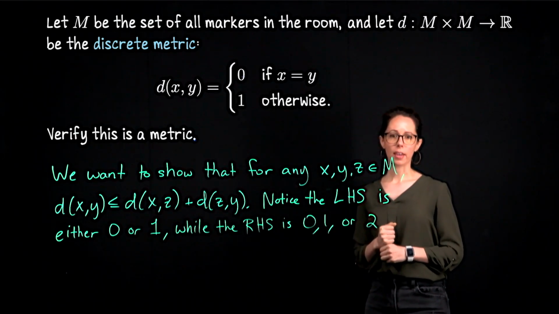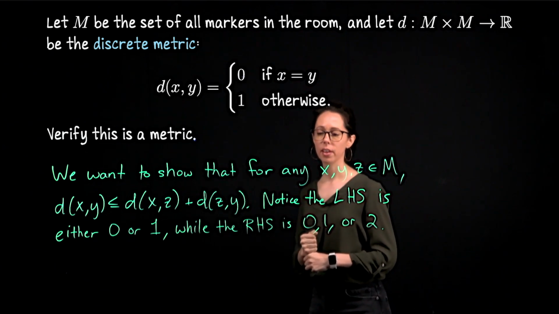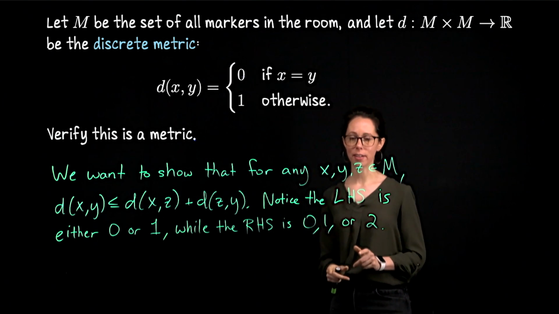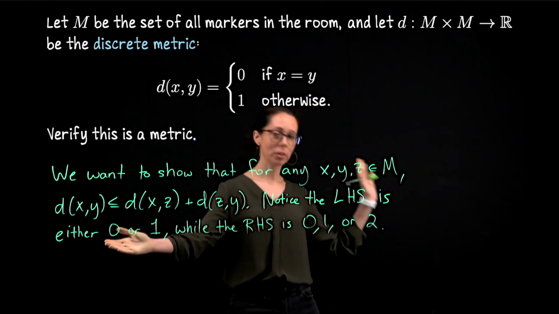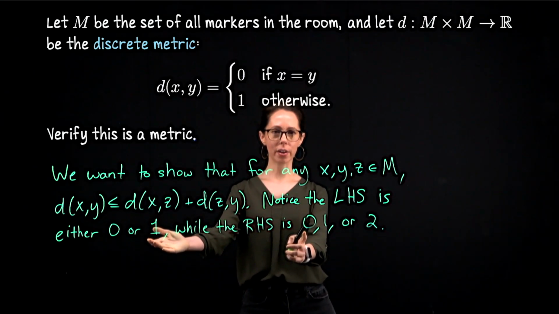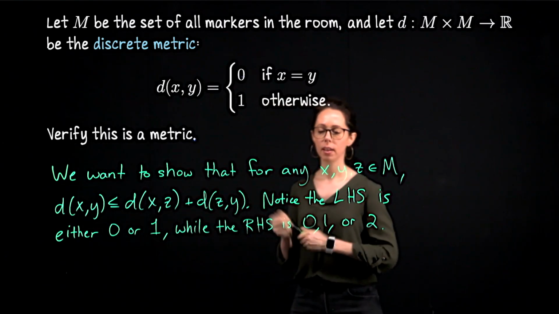The only way that the triangle inequality could fail is if the left-hand side is strictly bigger than the right-hand side. So if the left-hand side is 0, we're done. If it's 1 and the right-hand side is 0, that's the only way the triangle inequality could fail here.